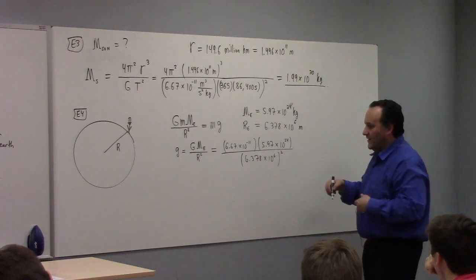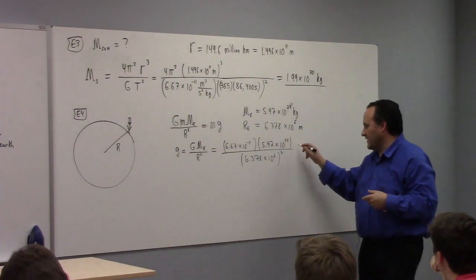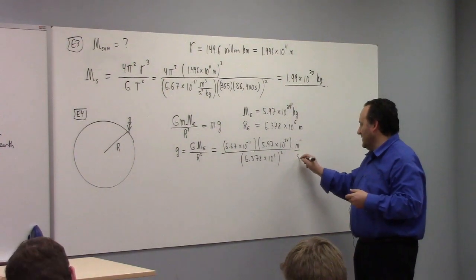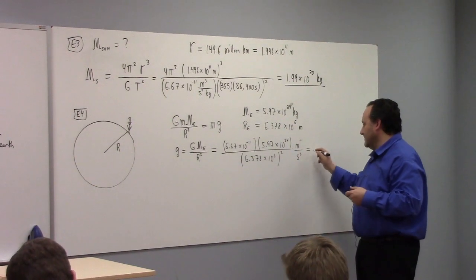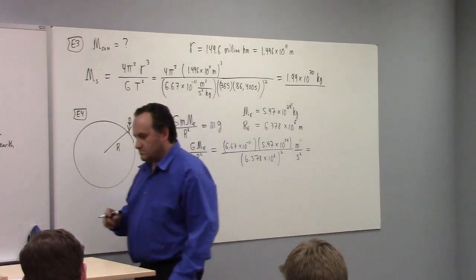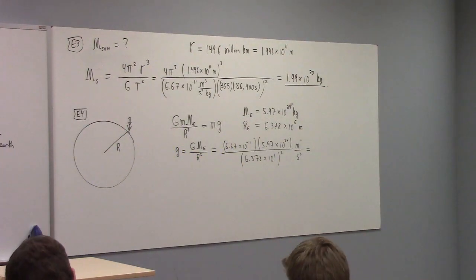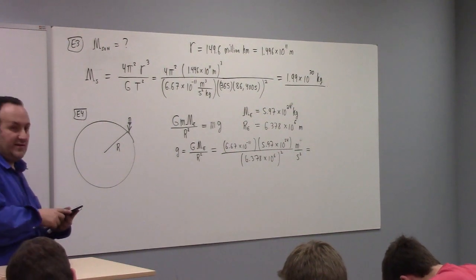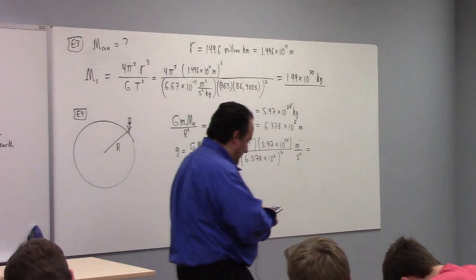The units are going to work out to meters per second squared, right? Because I put everything in terms of meters, seconds, and kilograms. And what's that work out to? Well, I think we know what this works out to, right? But my point to you is that Newton's universal law of gravitation is giving us an explanation for why G is what it is, right? So that's interesting.